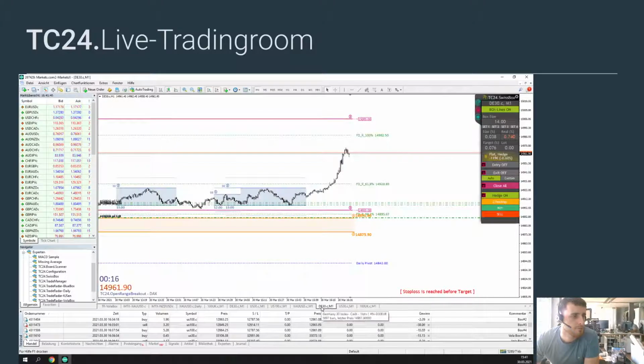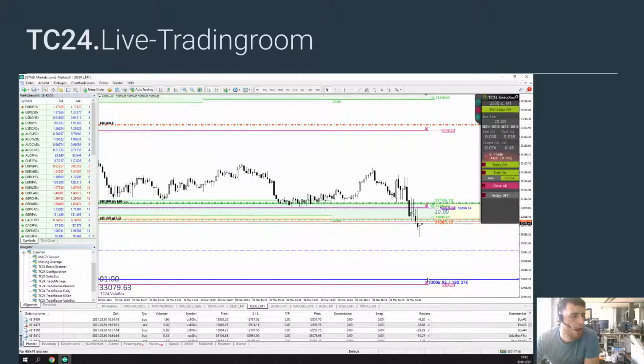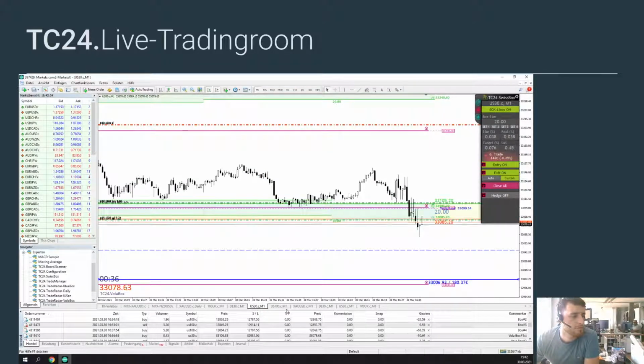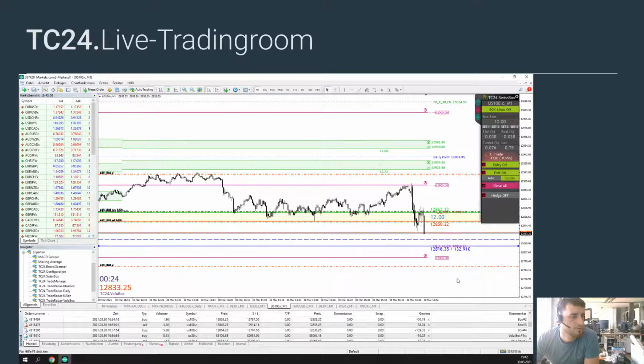The DAX making a small consolidation range here.